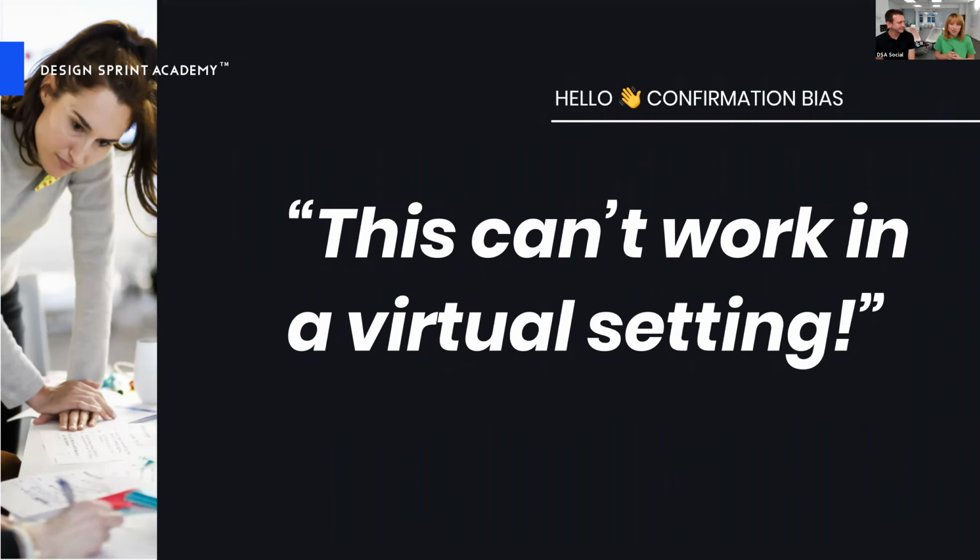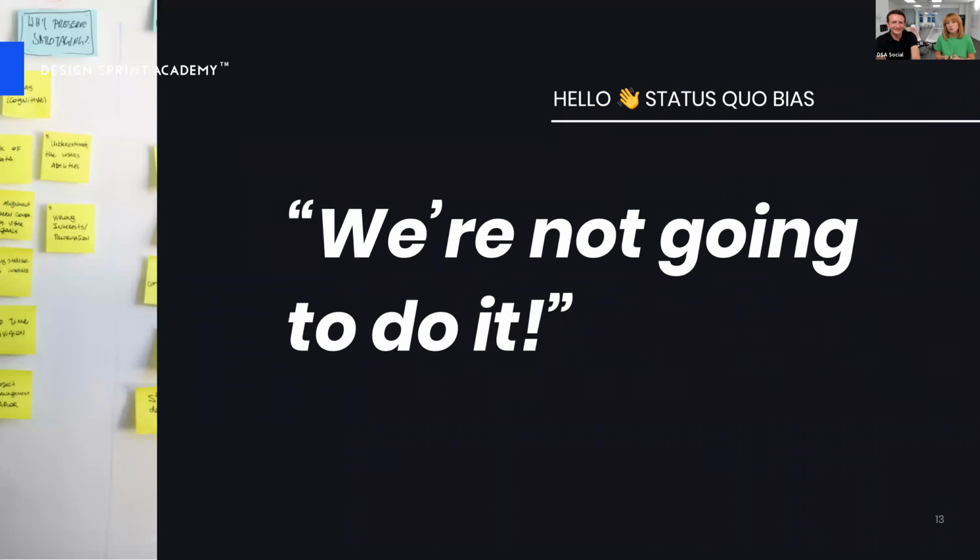And we're saying hello here to our confirmation bias, because we looked for all kinds of proof to uphold our beliefs, and we dismissed all the contrary information telling us that remote work actually works, remote sprints do work. We kept on going with this bias, believing that we were definitely not going to be able to provide the same experience and reach the same outcomes as we do with in-person workshops and in-person meetings. So we need to accept that.